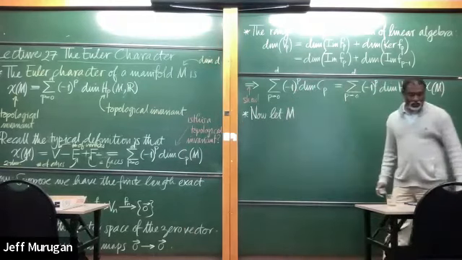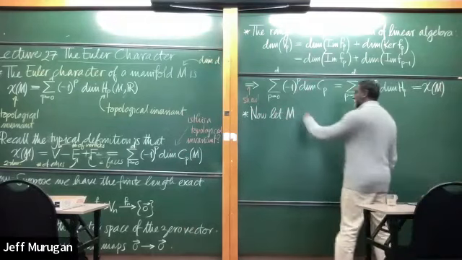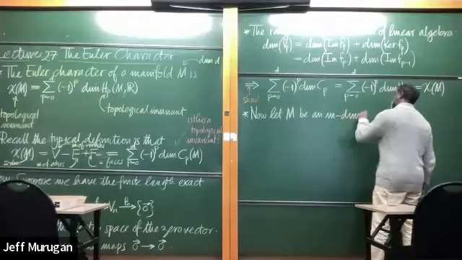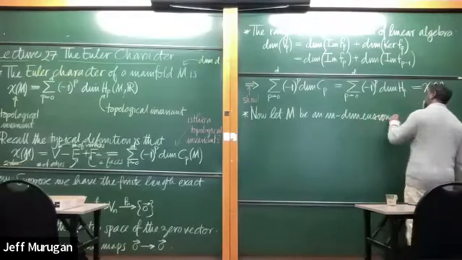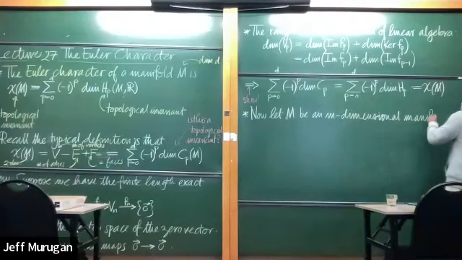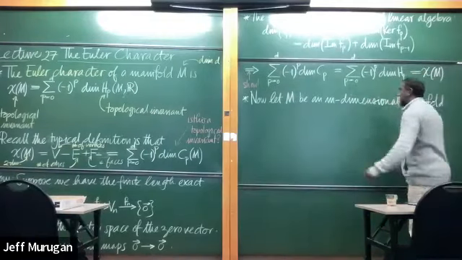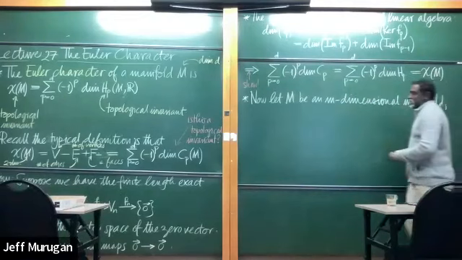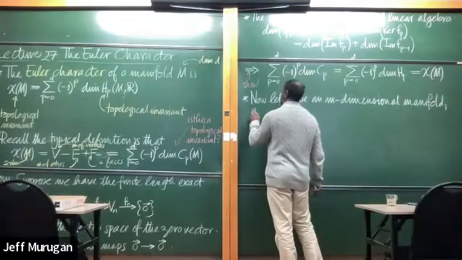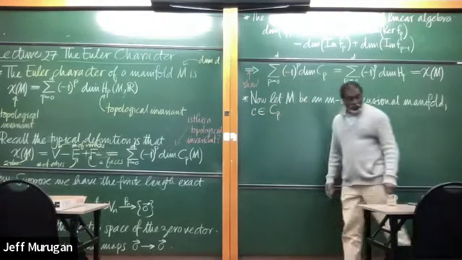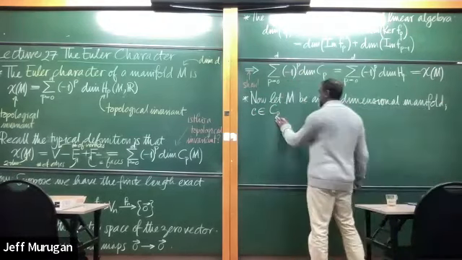So suppose I've got an m-dimensional manifold. And I'll take C to be some element of the set of, say, R chains.